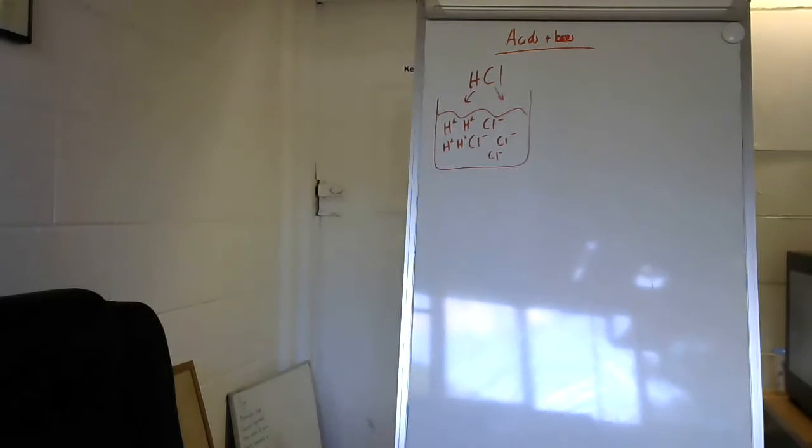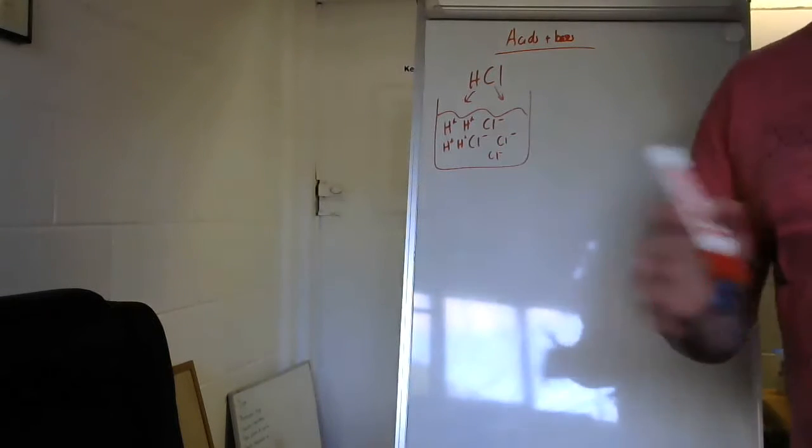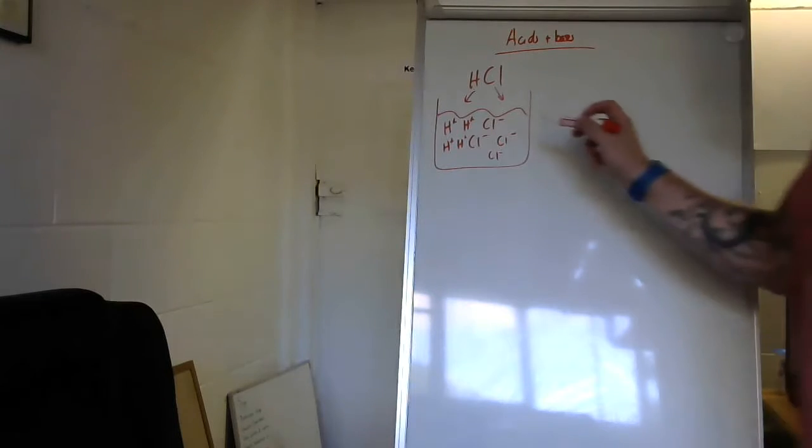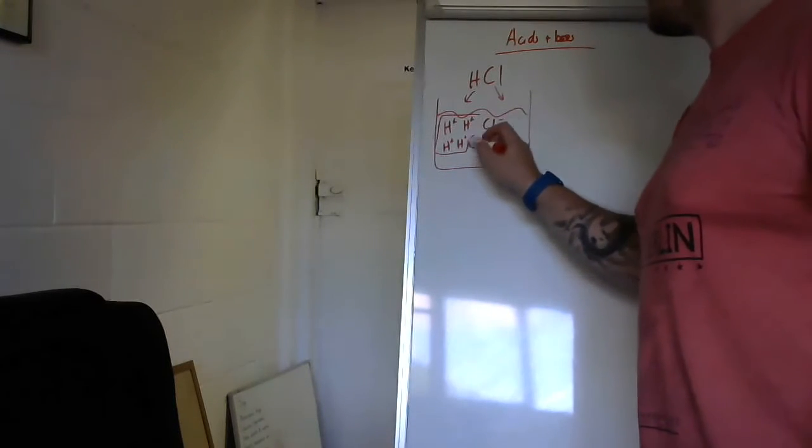Now in grade 12, you learn how to calculate the strength of acids based on their dissociation constants. Sorry, can't get my words right today. So HCl dissociates into H+, which makes something acidic.